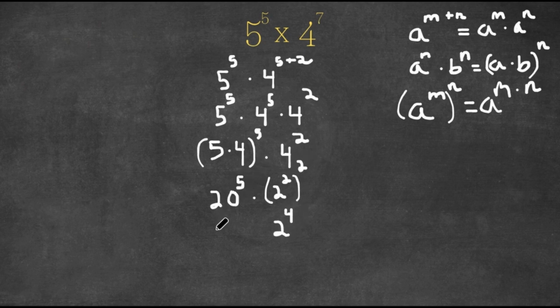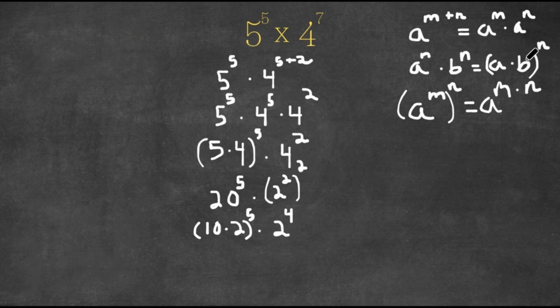And I'm going to rewrite 20 as 10 times 2. So we have 10 times 2 to the power of 5 times 2 to the power of 4. Now remember, we're going to use the property a to the power of n times b to the power of n equals a times b to the power of n, but we're simply reversing it.